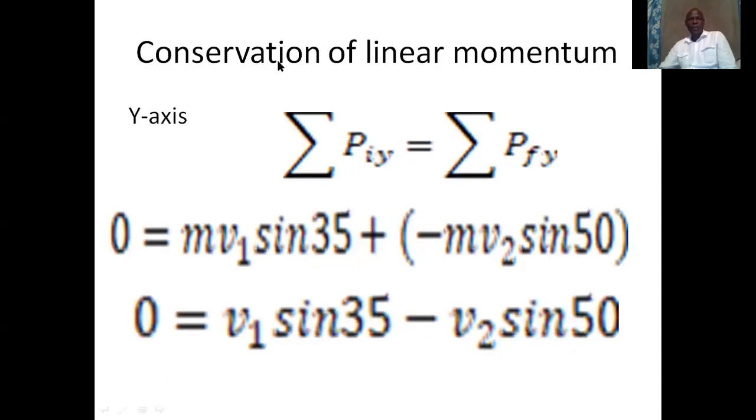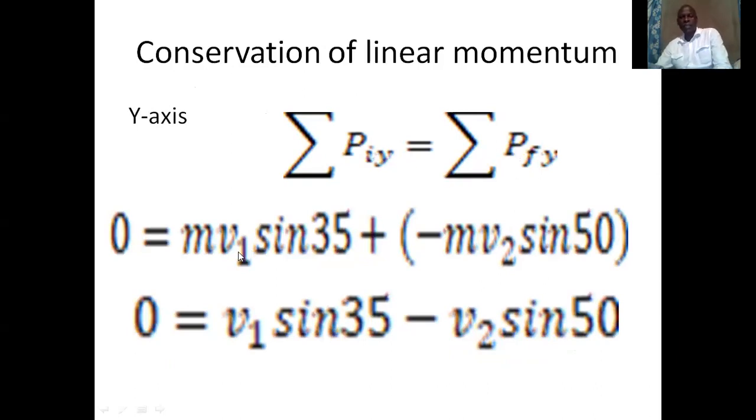Similarly, we do the same for the y-axis. So we get the sum of the momentum in the y-axis before the collision and the sum of momentum after the collision, in the y-axis.